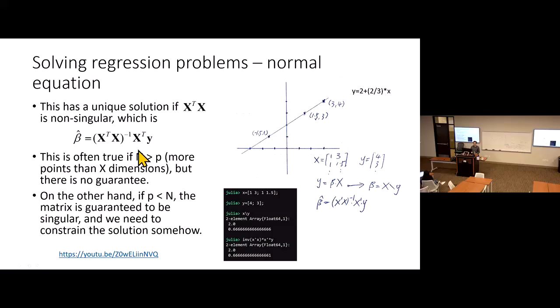In the computer session, you have x transpose multiplied by x itself, the matrix multiplication, then the inverse, and then x transpose times y, and put them together, you get a beta. So we put them into test, if you have real perfect training data.